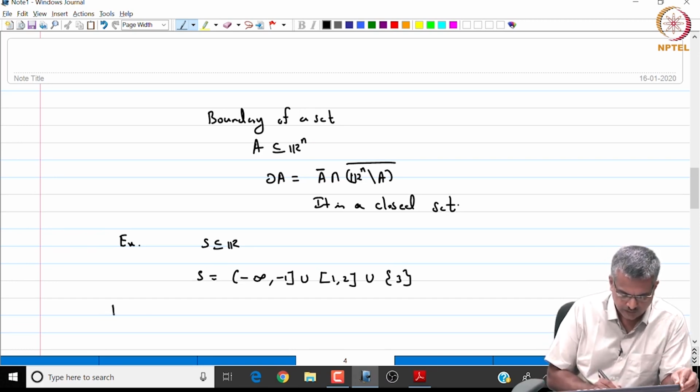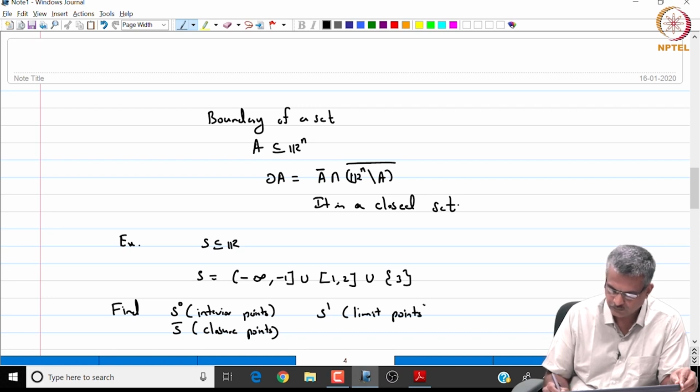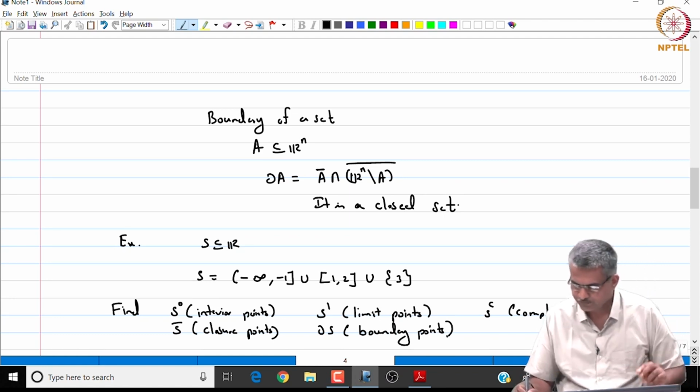We need to find S interior, so let me denote the interior points by this symbol, then the closure points of S, then S prime, the limit points, and the boundary points. And we also need the complement of S.